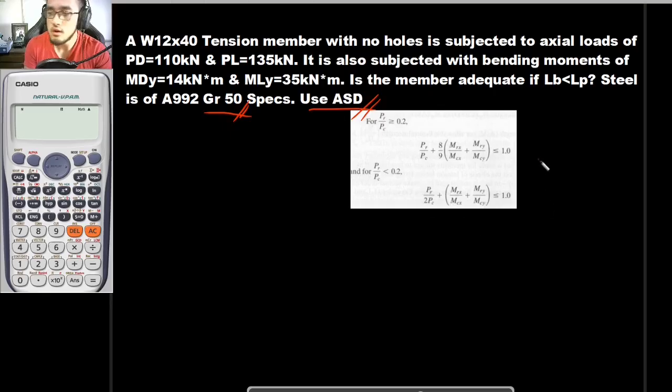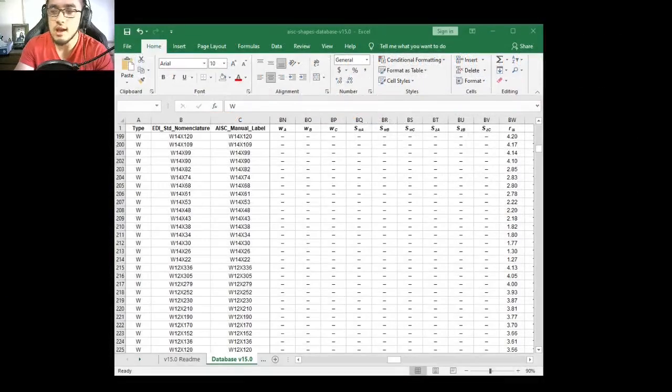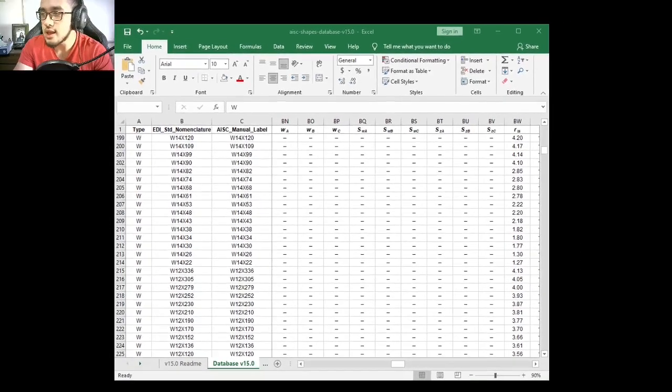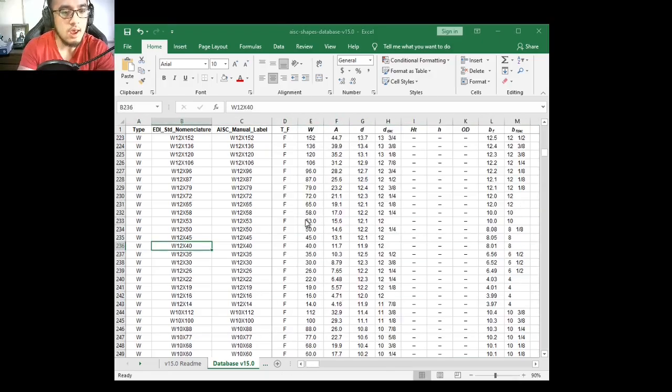Okay, so we would now be getting the section properties using our Excel file, which is the AISC shapes database. Since we are to get the properties of a W12 by 40, we would now be searching for W12 by 40.